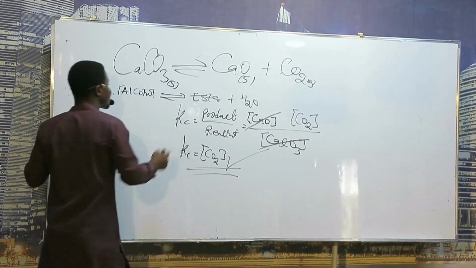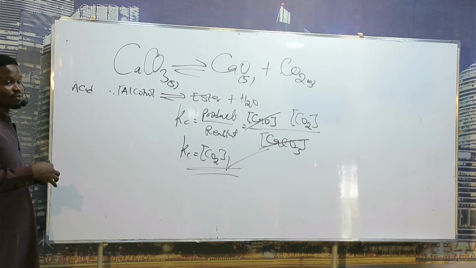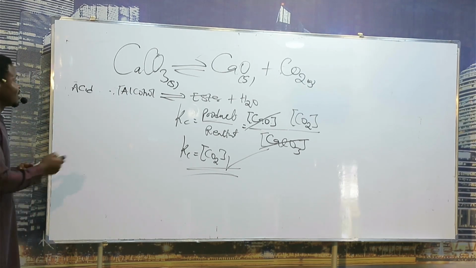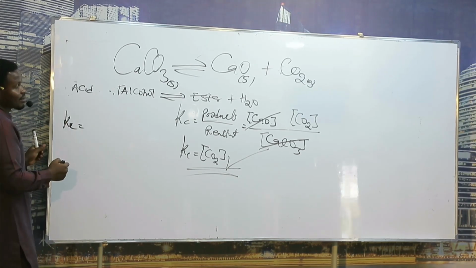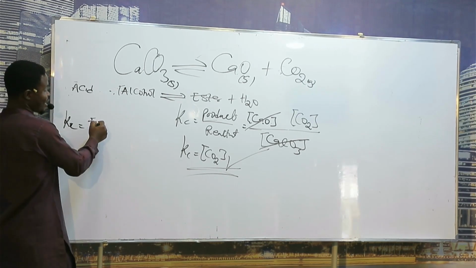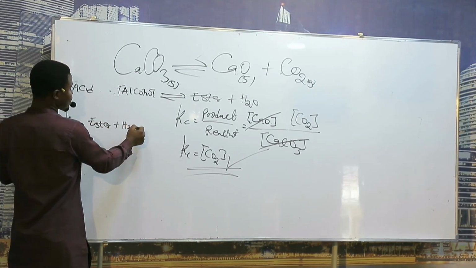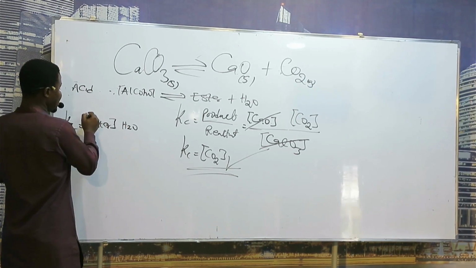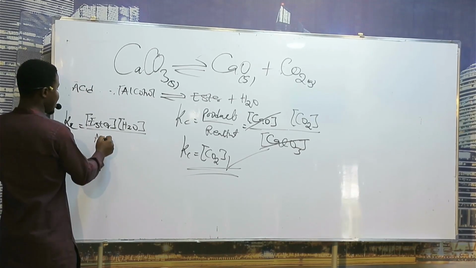So give me the Kc value. Generally, the Kc is going to be what? Ester and water, so it's going to be like this, over acid.